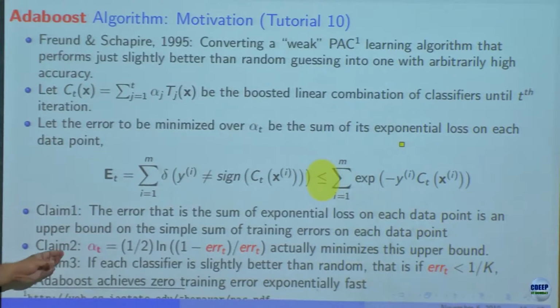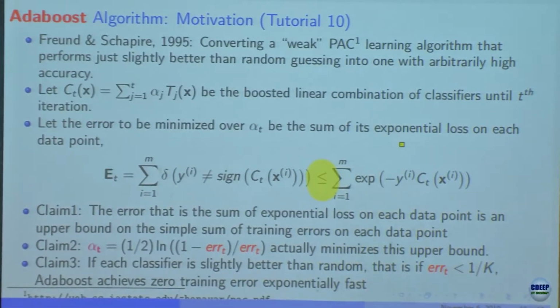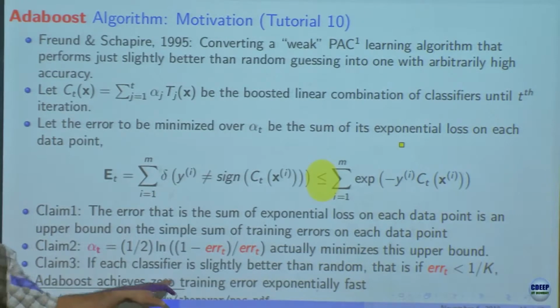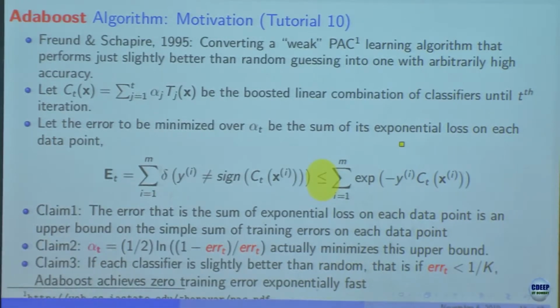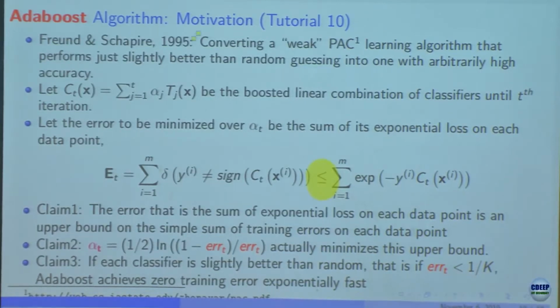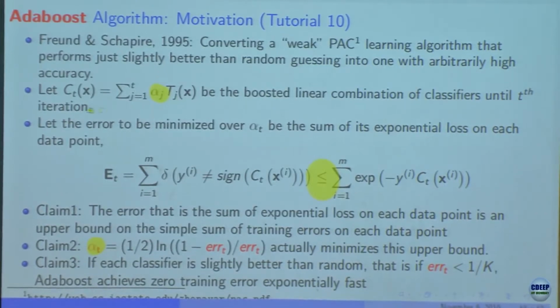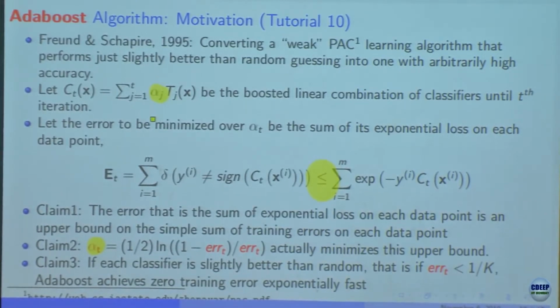The claim is that the error, the sum of exponential loss on each data point, is an upper bound on the simple sum of training errors. Claim 2 is that alpha t of the specific form actually minimizes this upper bound, and these alpha t's are what we are talking about. So this C_t, which is some alpha t combination of the models, actually minimizes this upper bound over the delta errors.